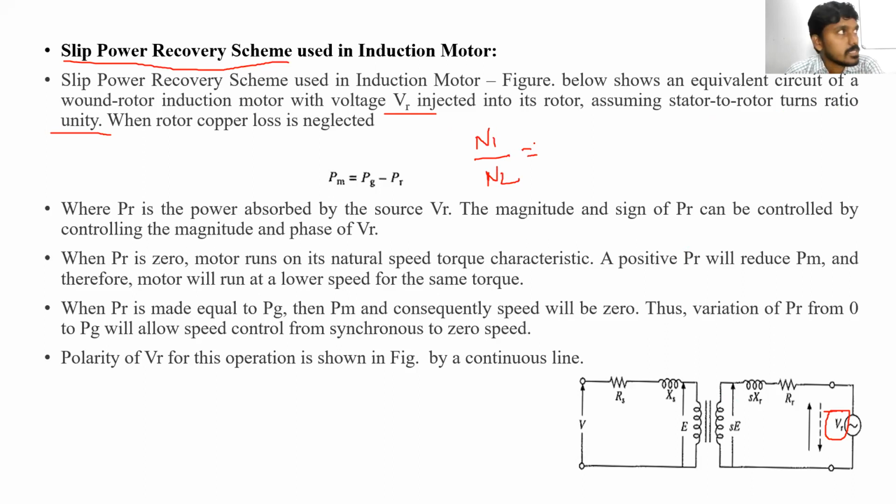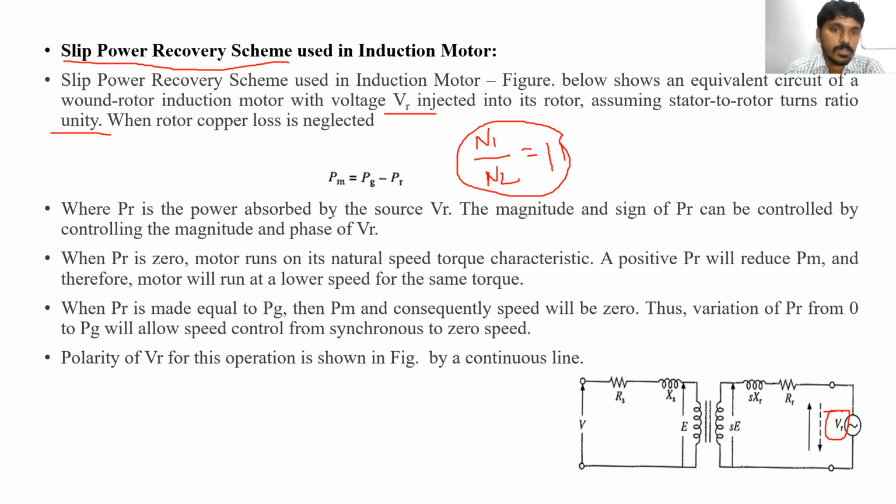The ratio between N1 and N2 is equal to unity.